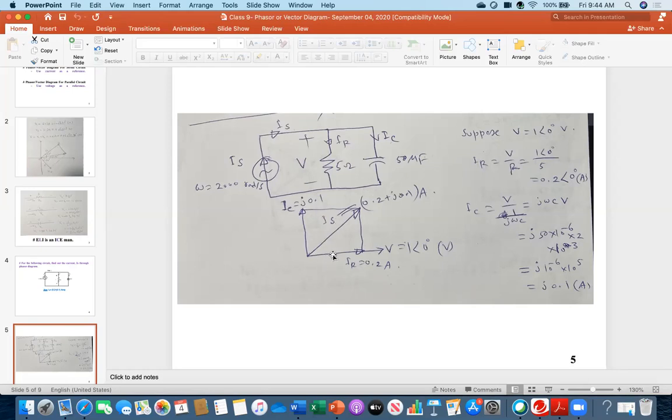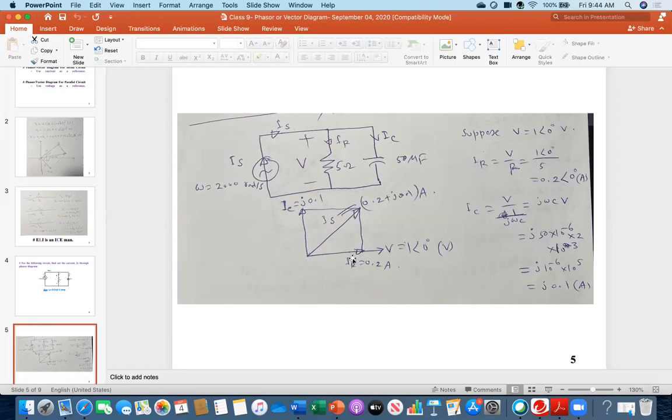So you have to know the voltage and current relationship across each element. Right. So as she answered, the capacitor current will lead by 90 degrees. How does she know that? Why is she telling that? And everybody see, I have placed the current through the resistance on the same line as the voltage.